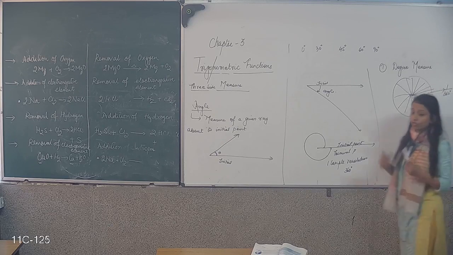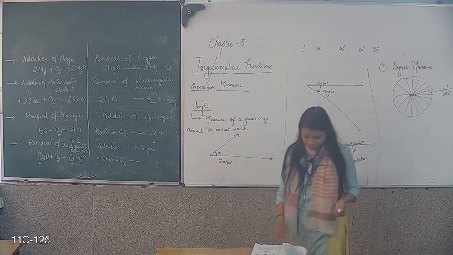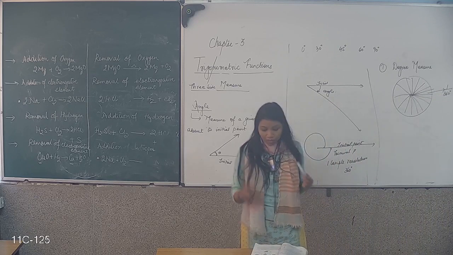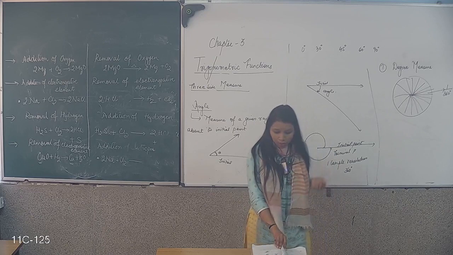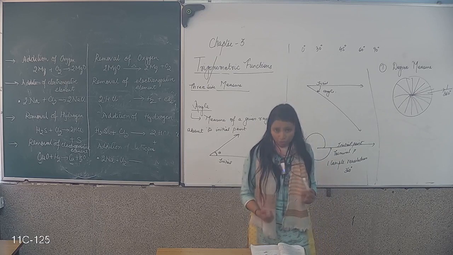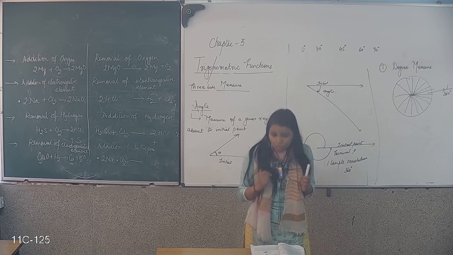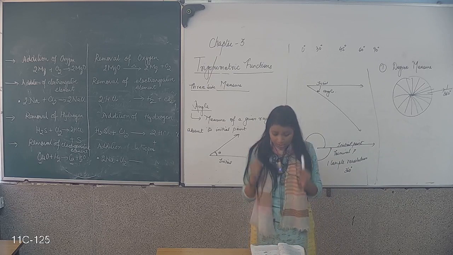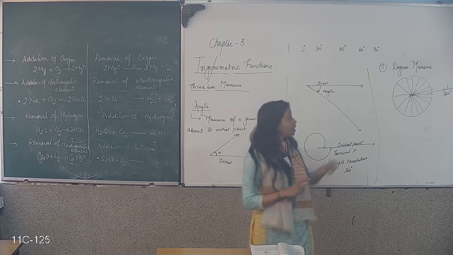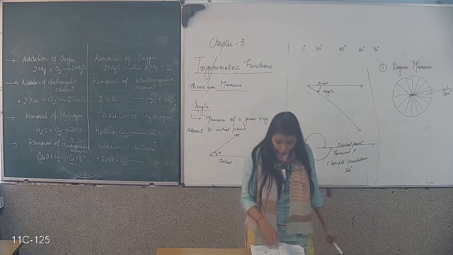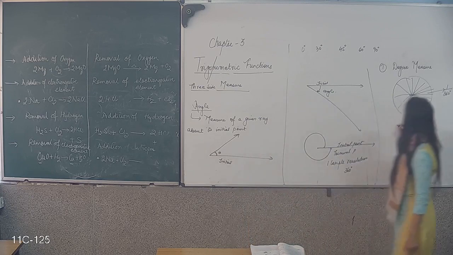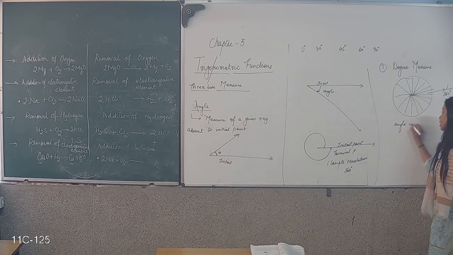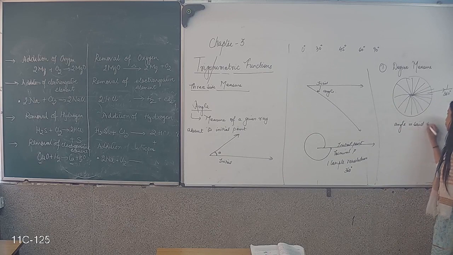So degree measure is nothing but this; I'll write down the definition. If a rotation from the initial side to the terminal side is 1/360 of a revolution, the angle is said to have a measure of 1 degree.